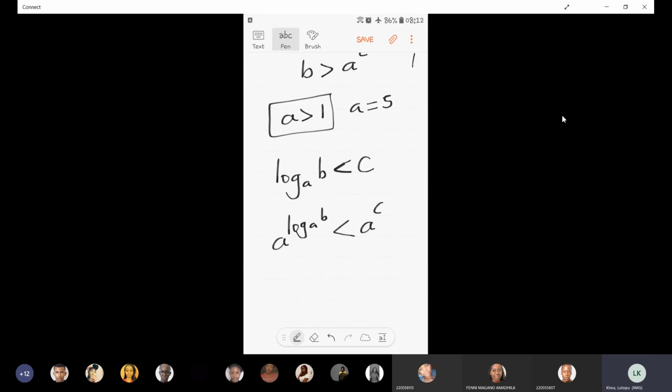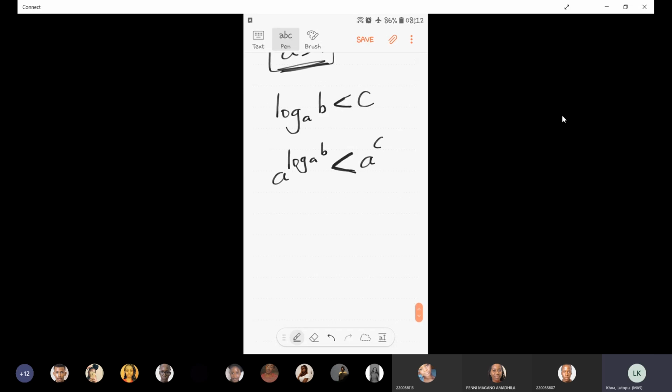When I make each of the sides an exponent, the sign is still facing the same direction, and that is because a is greater than 1. Now let's look at an example. So keep that in mind: when your base is less than 1, switch the sign. It must face in the opposite way. If it's greater than 1, do not switch the direction that it is facing in.